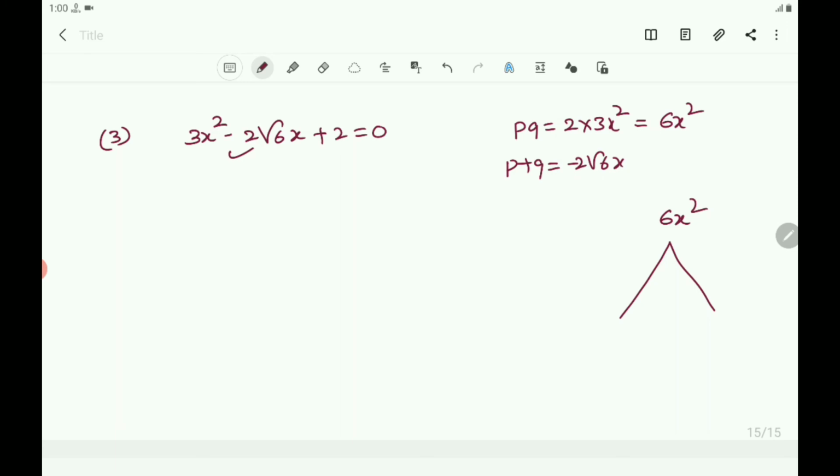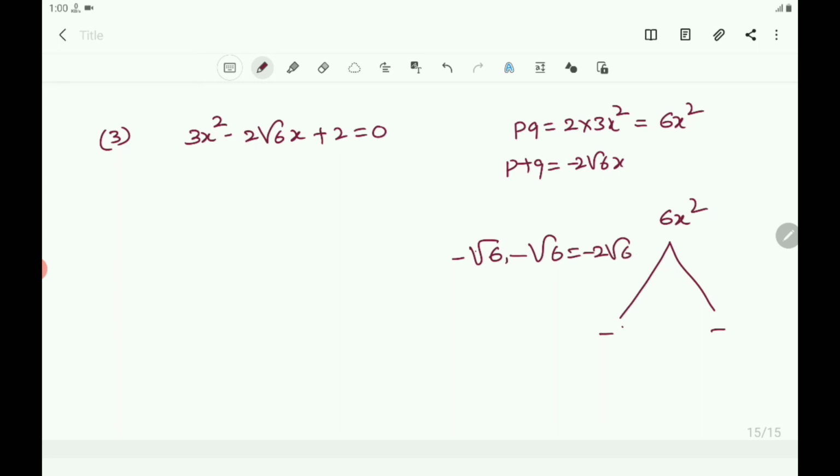So here write minus, minus. Then you know that here we have to take minus 2 root 6x. The sum of minus root 6x and minus root 6x becomes minus 2 root 6x.